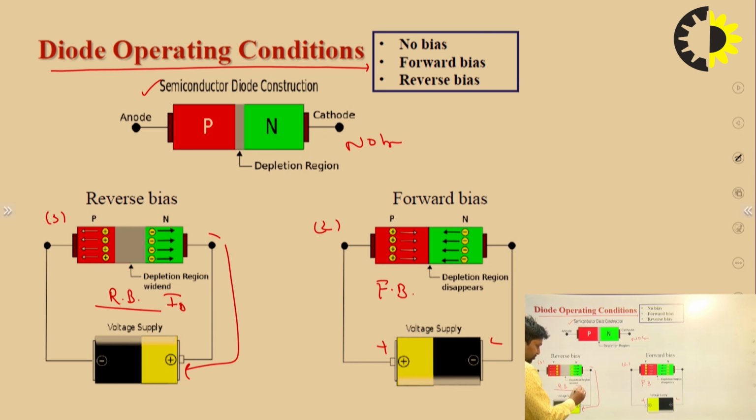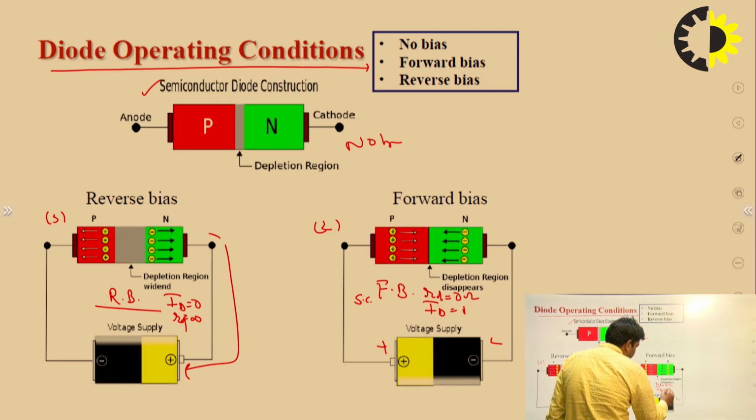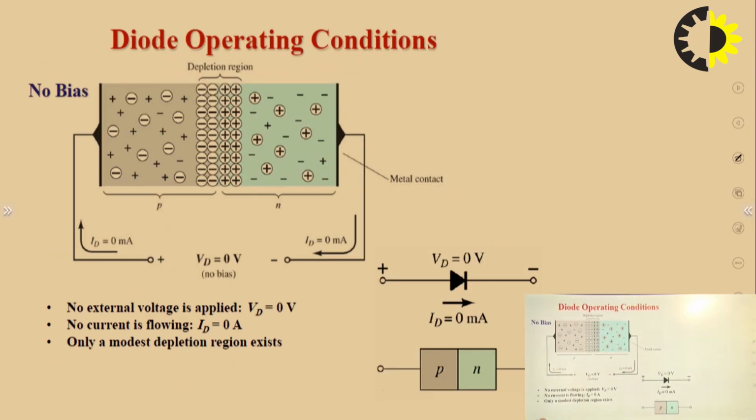That means ID should be 0 and the resistance between them is infinite. But in forward bias, the diode resistance RD is 0 ohm and maximum current flows, so we can say the diode is short circuited and the diode current is maximum. So this is the working principle which I already explained.